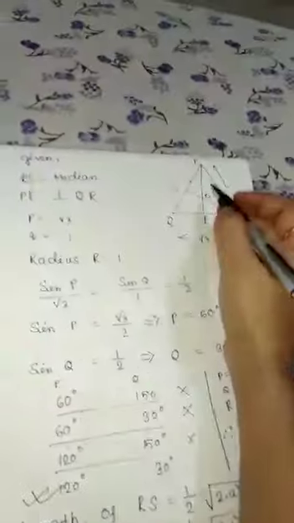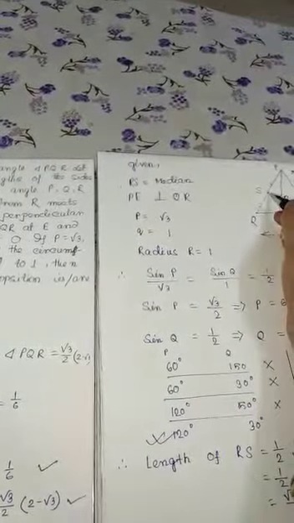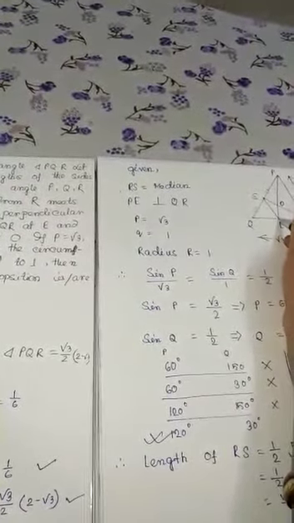But now let's check the area of SOE. Here we get another triangle.